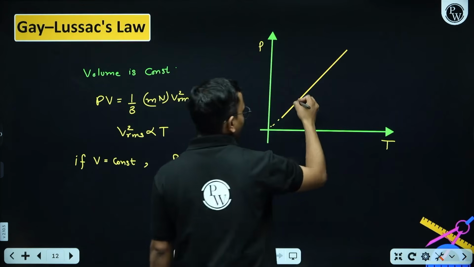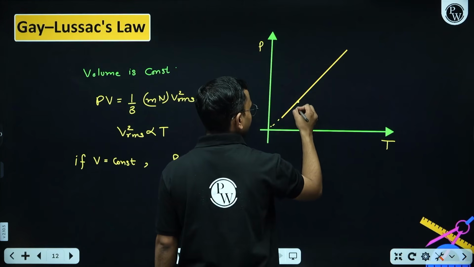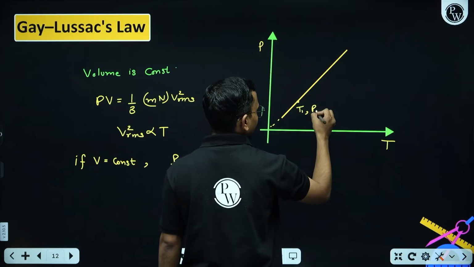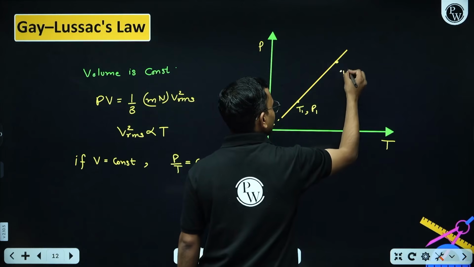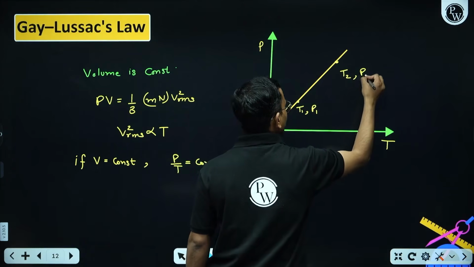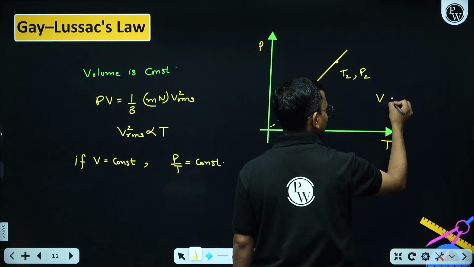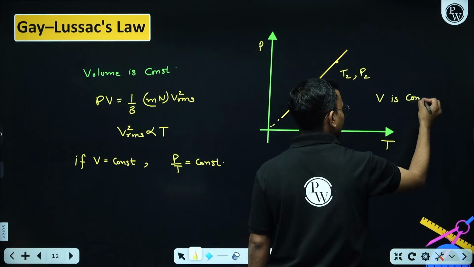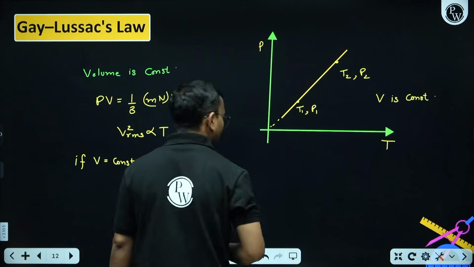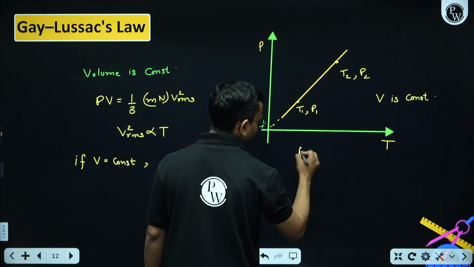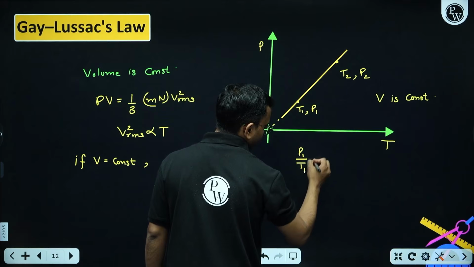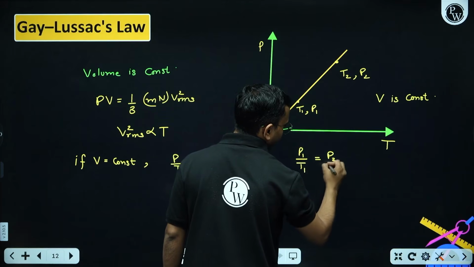Now if I have 2 points on this curve, here the temperature is T1, the pressure is P1, here the temperature is T2, the pressure is P2, and we are considering that my volume is constant. So I got the expression: P1 by T1 is equal to P2 by T2.